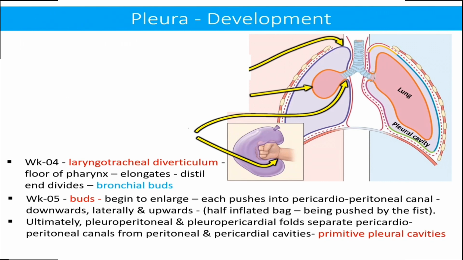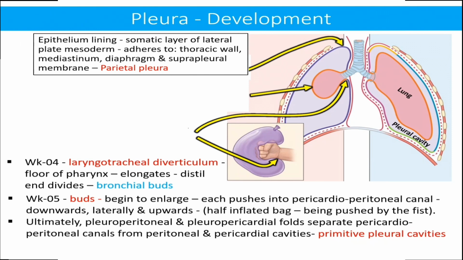Ultimately, pleuroperitoneal and pleuropericardial folds appear and separate the pericardio-peritoneal canals from the peritoneal and pericardial cavities, and it becomes the primitive pleural cavity.